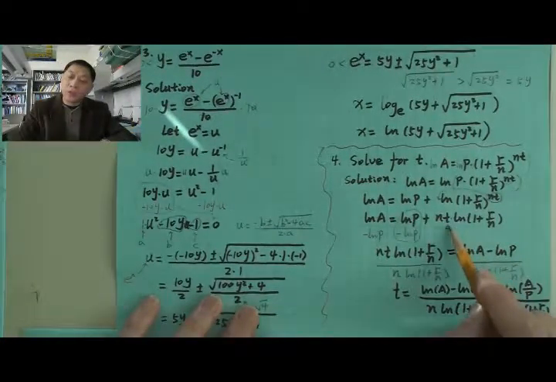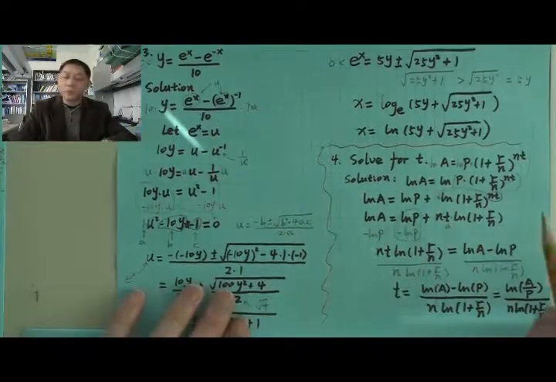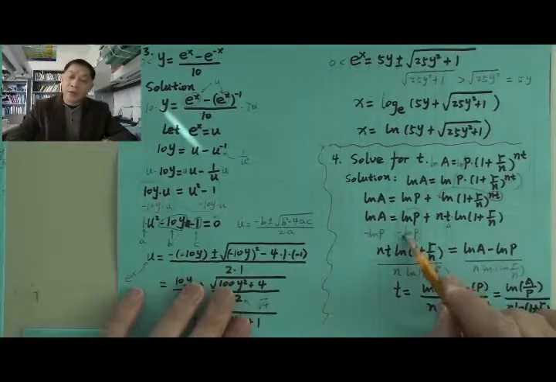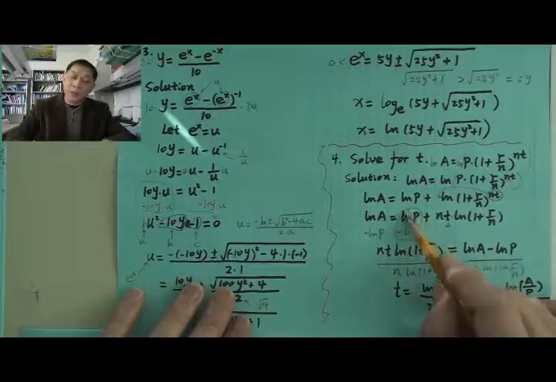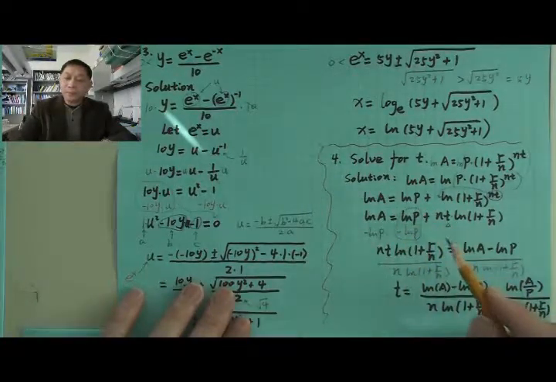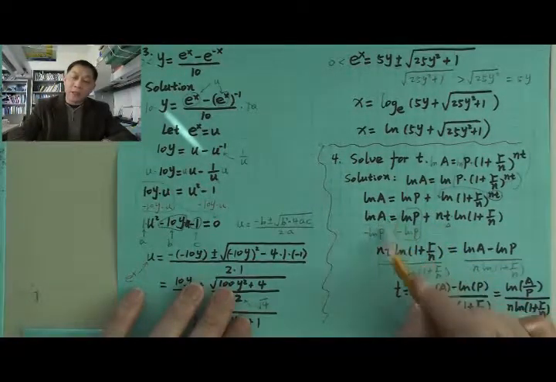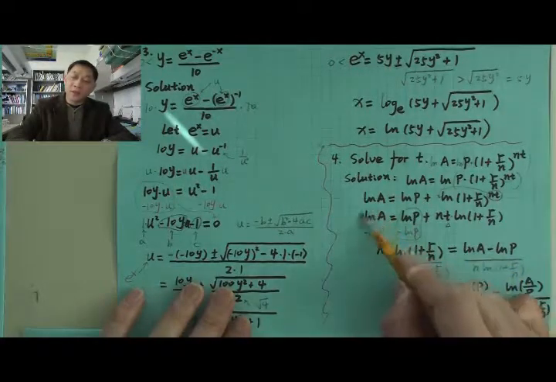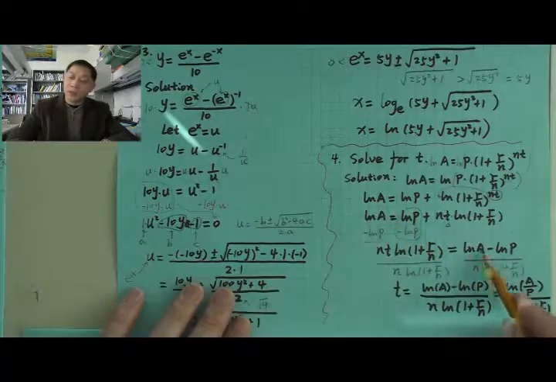We want to solve for t, so we want to isolate t in this case. Subtract natural log P on both sides, and you may cancel this one. Then you have natural log A minus natural log P. This is the left hand side, so we put it here.